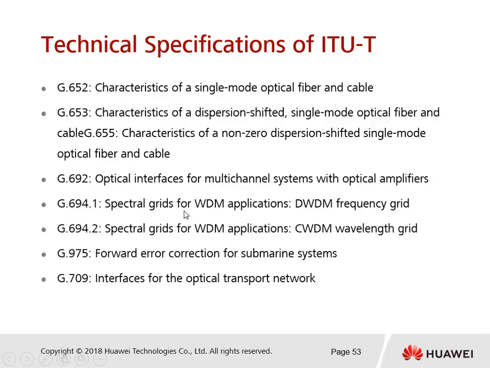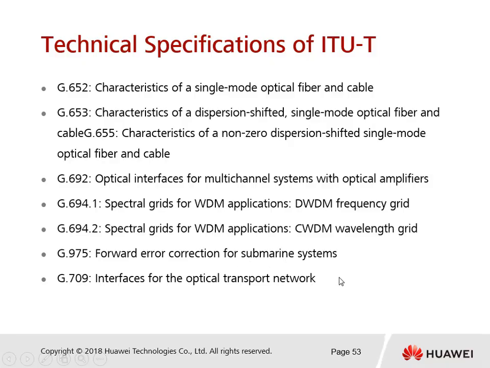G.652 defines the optical interface for multi-channel systems with optical amplifiers. G.694.1 and 694.2 define the DWDM frequencies and CWDM wavelengths that can be used in our WDM network. And G.975 defines the forward error correction for the submarine system.